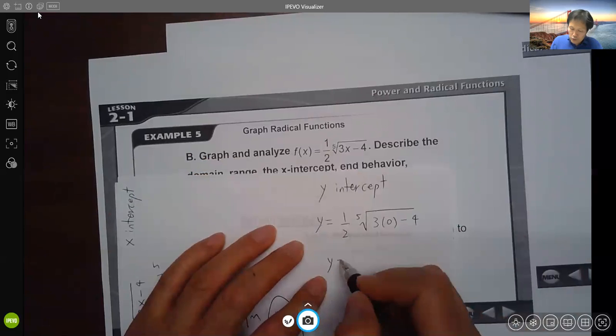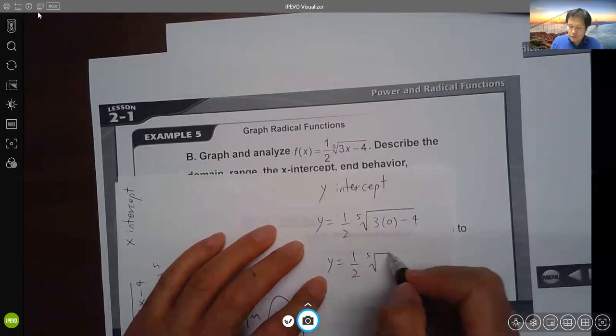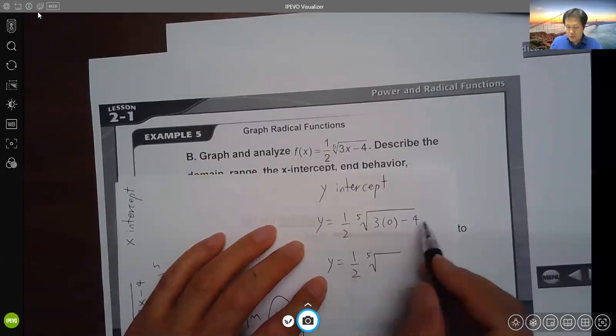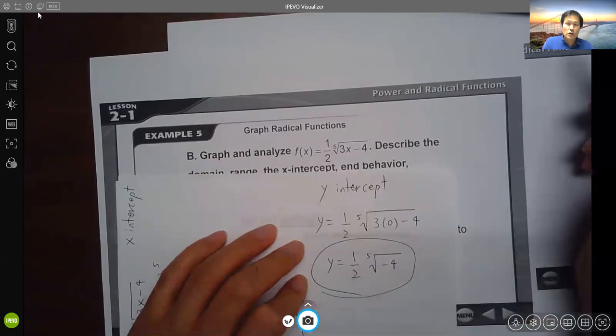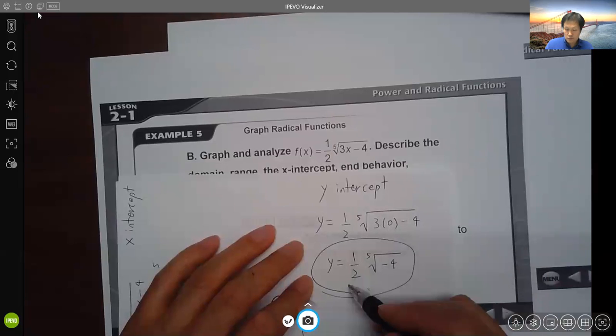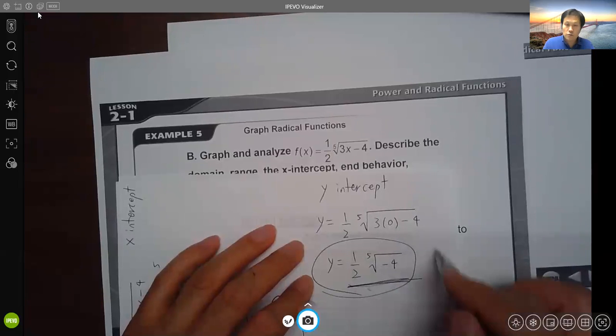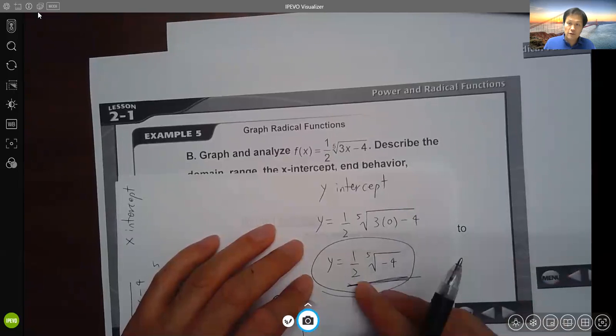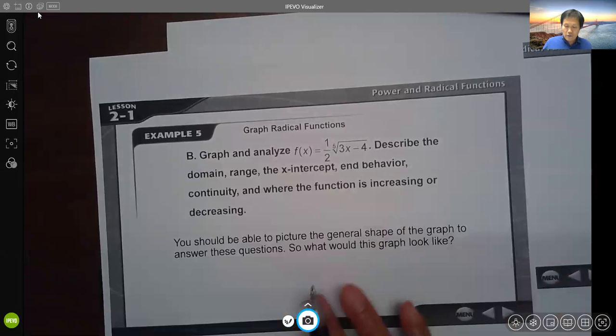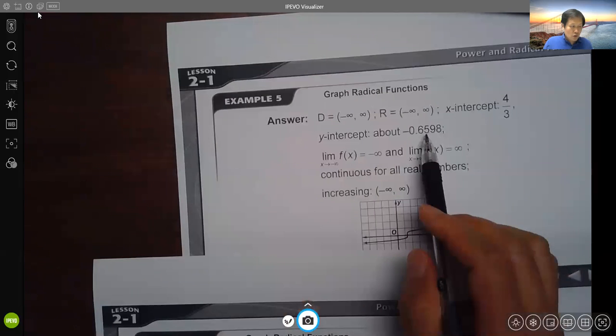So y equals 1/2, fifth root of 3 times 0 is 0. 0 minus 4 is minus 4. So if I say no calculator, you're done here. You cannot do much more without a graphing calculator. If you have a graphing calculator, just put that into the graphing calculator. You get some decimal value, which is the y-intercept.